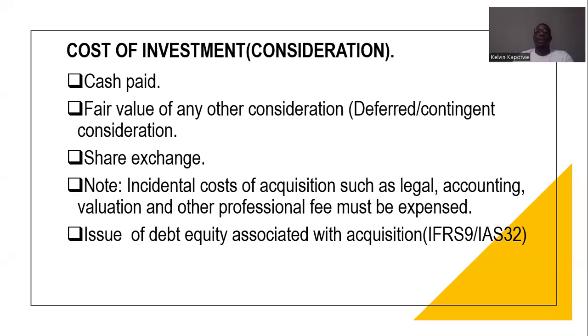Now let me deal with the cost of investment as well. There are different ways that you can acquire a subsidiary. You can pay by cash, for example a bank transfer where you transfer funds to acquire a subsidiary, or it can be done using the fair value of any consideration, deferred or contingent consideration.